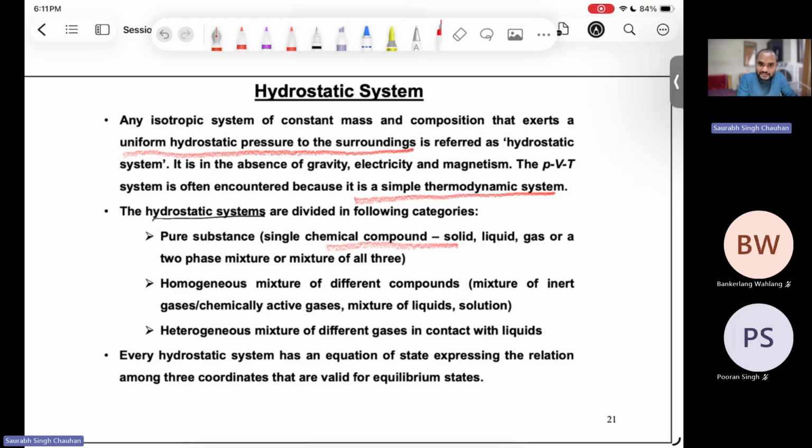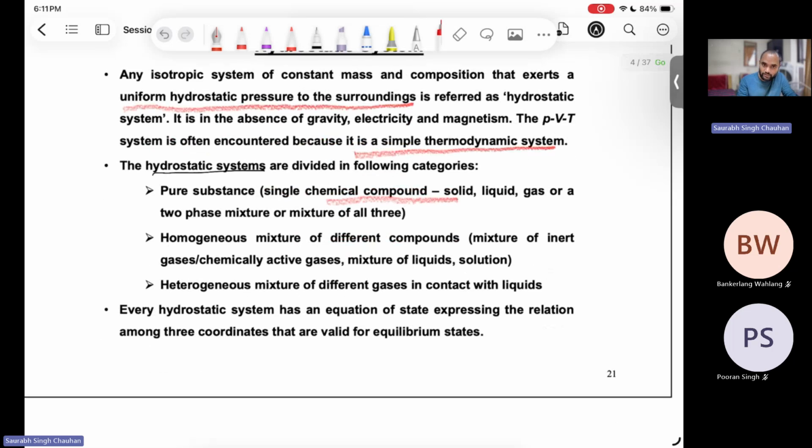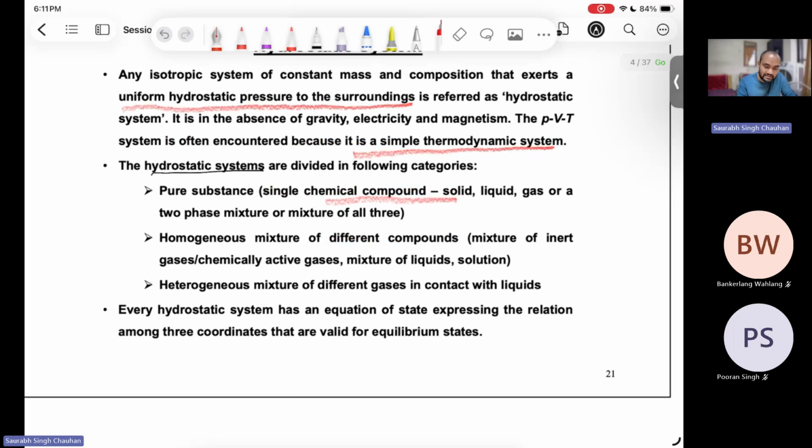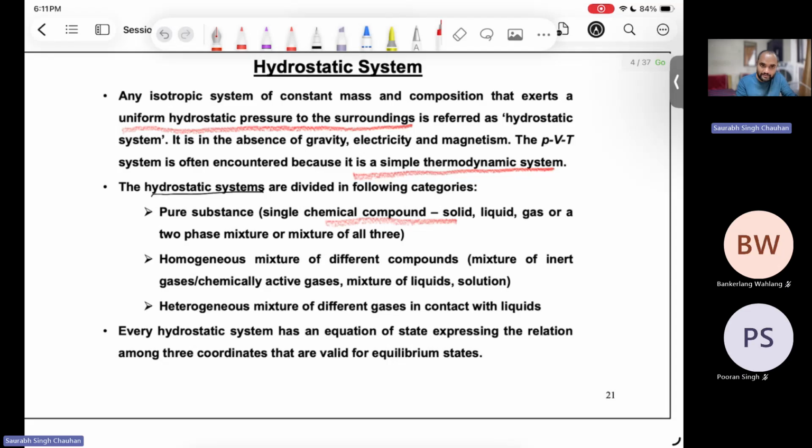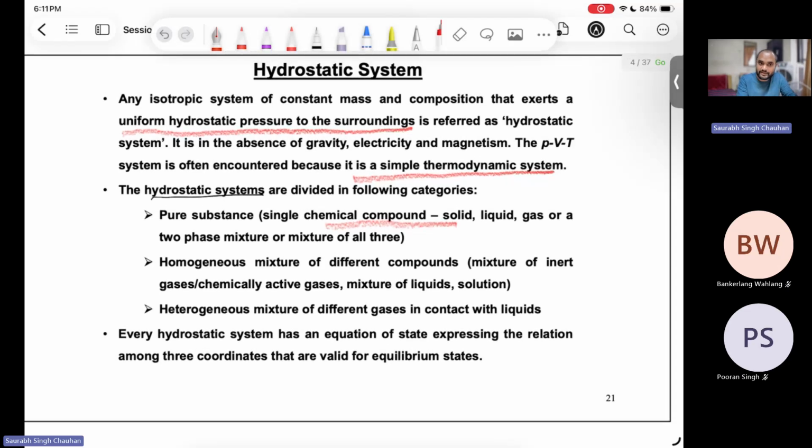For example, if you have pressure and volume, you can calculate the temperature from the equation of state. That can be the ideal gas equation, or a modified version, for example the van der Waals equation. For a simple compressible system, the independent properties are only two, and the third is dependent on the remaining two.